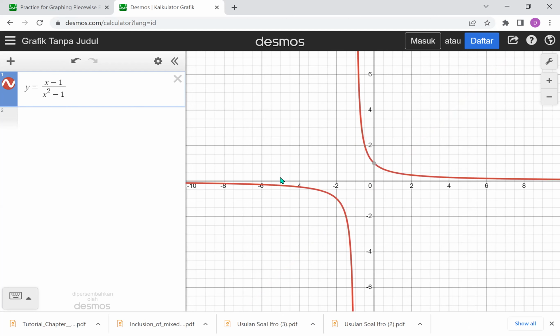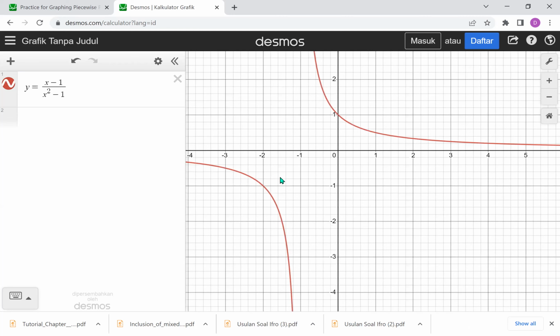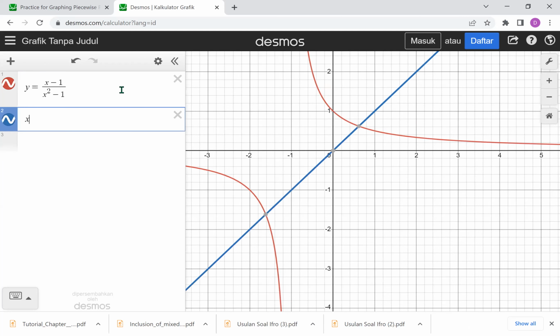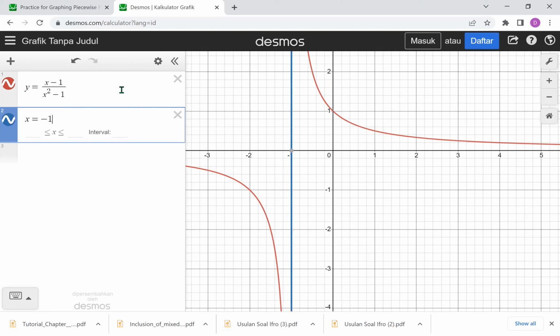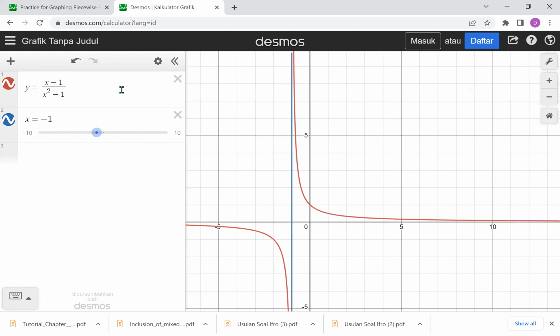You'll see that here x equals 1 is not the vertical asymptote. The value of the limit is half there. And the vertical asymptote will be x equals -1.